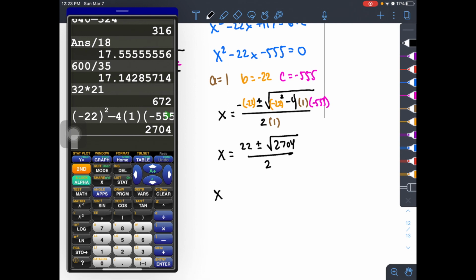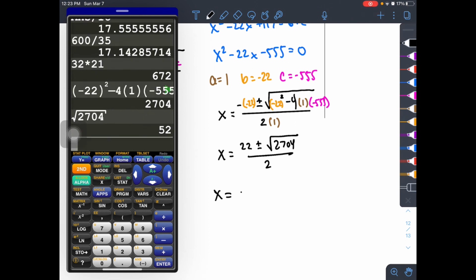Square root of 2,704 is 52. Slight typo there, it's just 52.